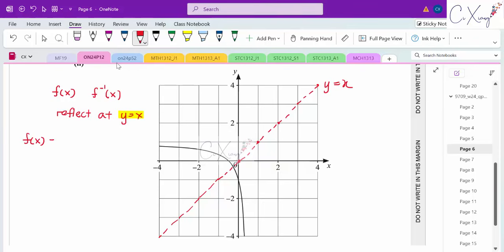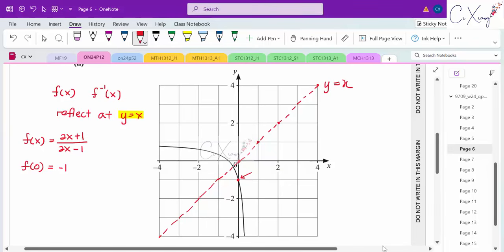My function f(x) is (2x plus 1) divided by (2x minus 1). If I let x equal 0, then I will have negative 1. So can you see this point? When x equals 0, y is negative 1.